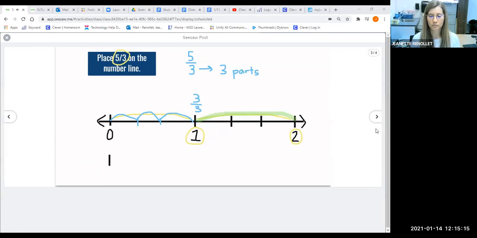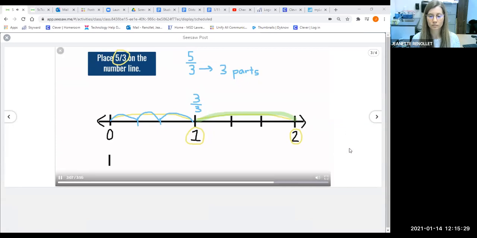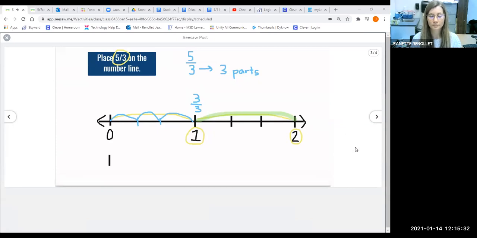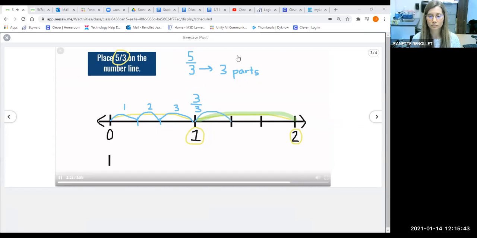I know that at the 1 mark, right here, that is 3 1/3. So next, I will continue on and keep counting each 1/3. 1 1/3, 2 1/3, 3 1/3, keep going. 4 1/3, 5 1/3.